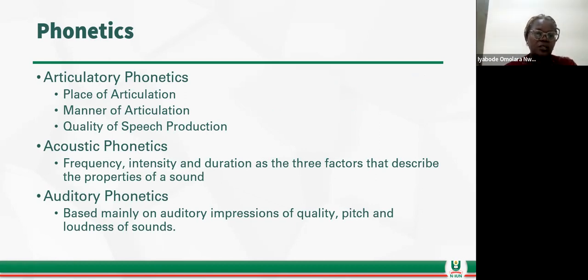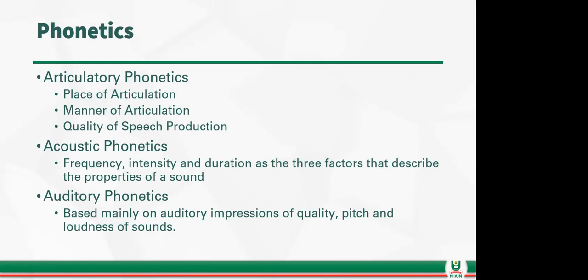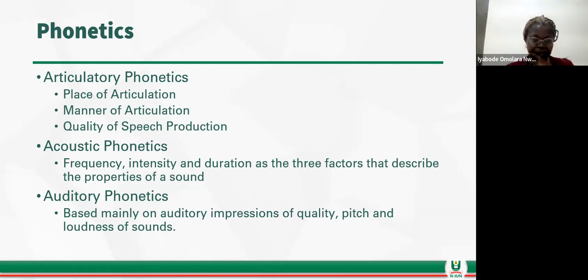So let's look at phonetics. We have three classes of phonetics study. We have articulatory phonetics, which we are mostly used to at our lower levels of study: place of articulation, manner of articulation, quality of speech production.